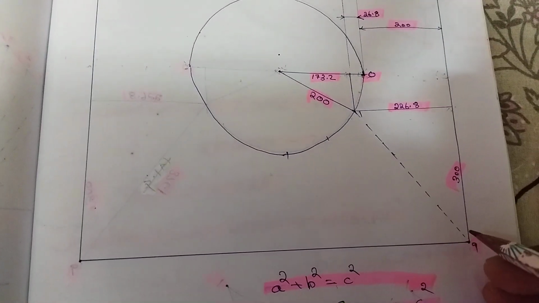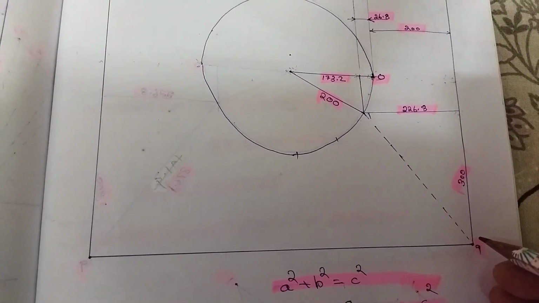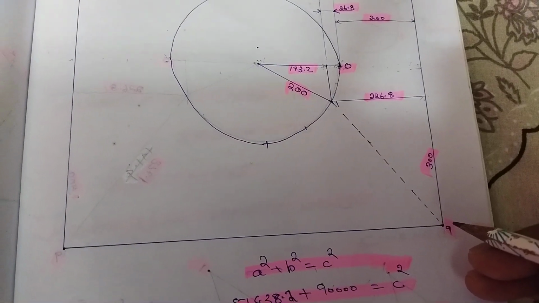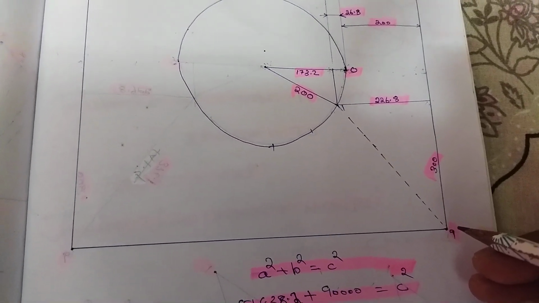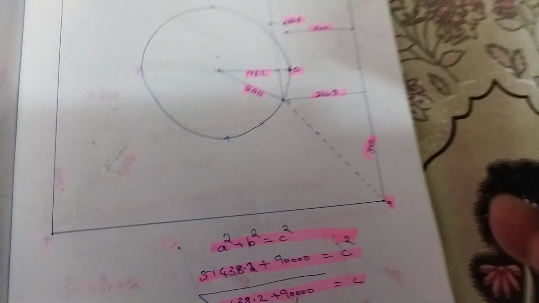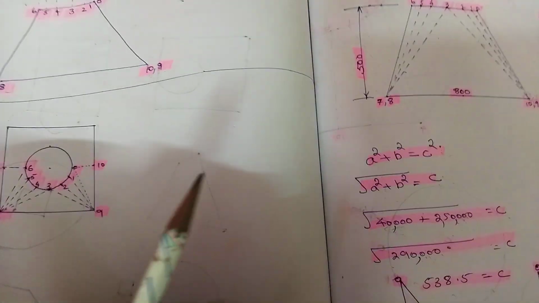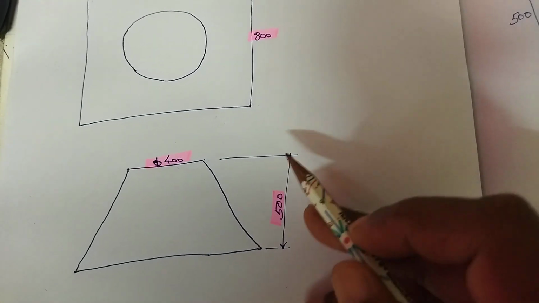That hypotenuse has to be used in a square plus b square is equal to c square with a vertical height of 500 mm. Our vertical height is 500 mm.